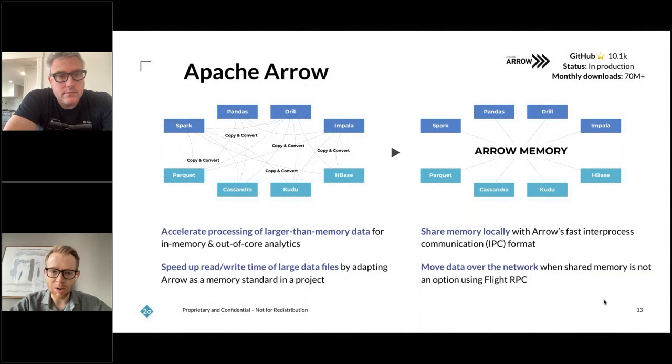We obviously need to integrate with all of the storage, file formats, and database systems where data is stored so that we can get data out of systems faster and into the applications where it needs to be processed. And in more recent times, we've been increasingly focused on building accelerated processing engines for working with larger than memory data sets and executing complex analytical queries on the Arrow data format.